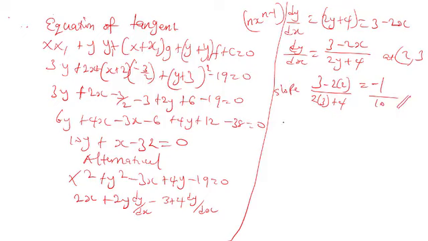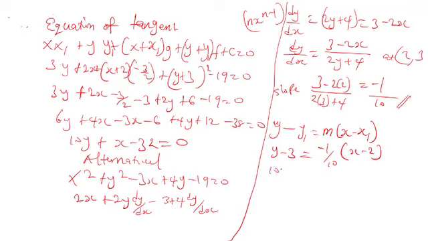So let's now get our final equation: y minus y1 equals m in bracket x minus x1. So we move further to say y minus 3 is equal to minus 1 over 10 in bracket x minus 2. So this times this, which is 10, 10y minus 30 is equal to 2 minus x.